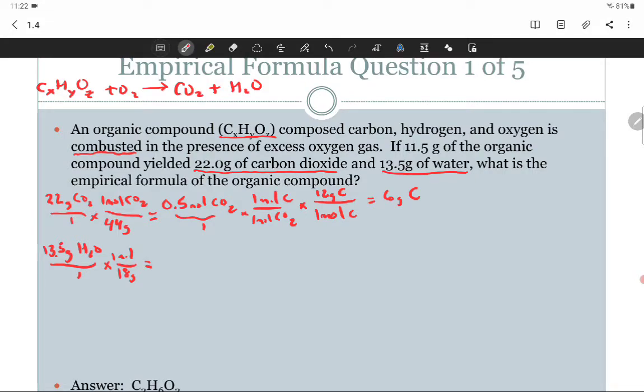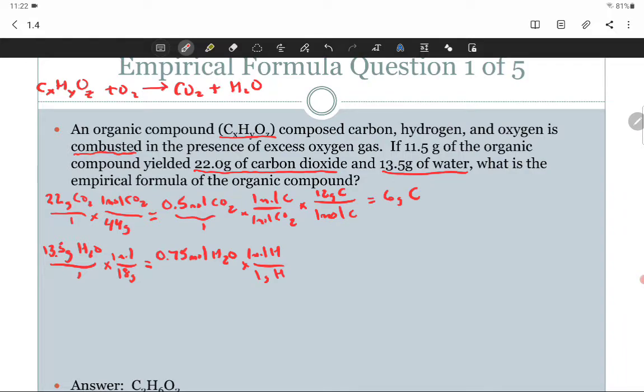That's not going to come out to be a nice number, but 13.5 divided by 18 is about 0.75 moles of water. And then let's continue on with that. Instead of finding moles of carbon to grams of carbon, let's do hydrogen. So in 1 mole of hydrogen, there is 1 gram of hydrogen.